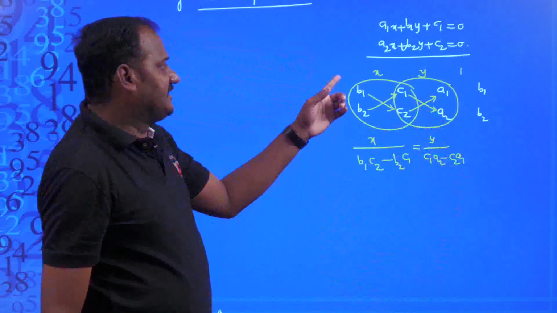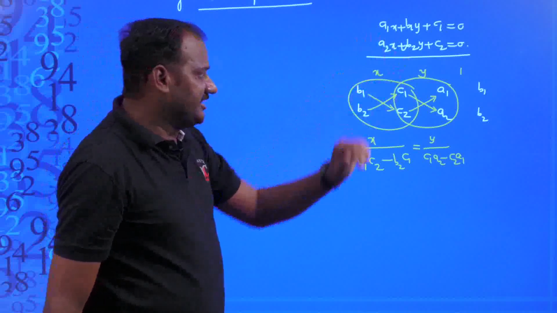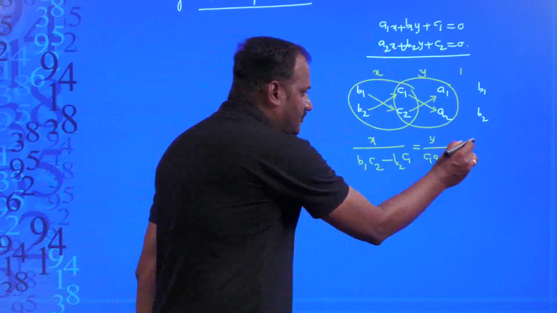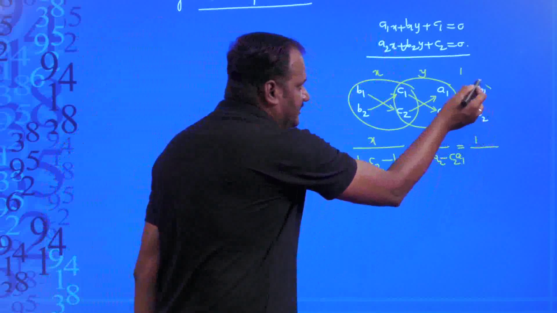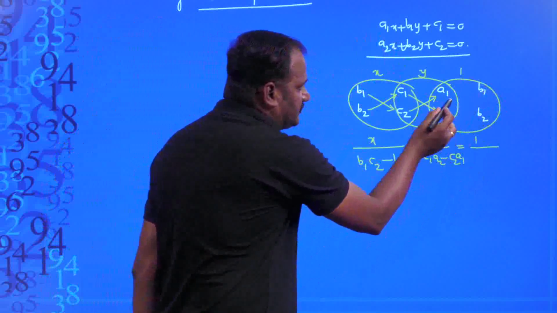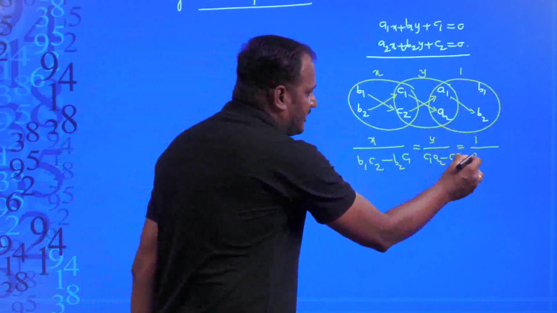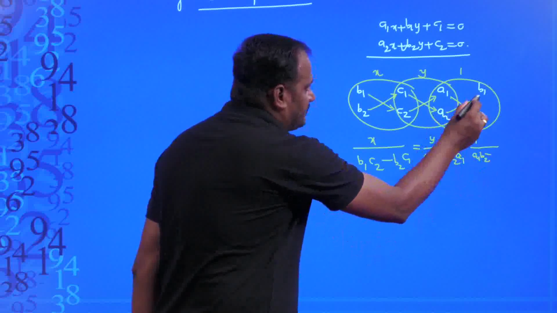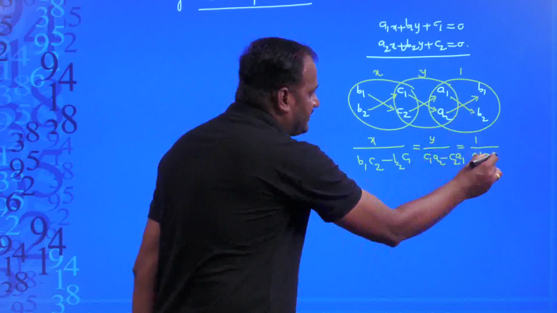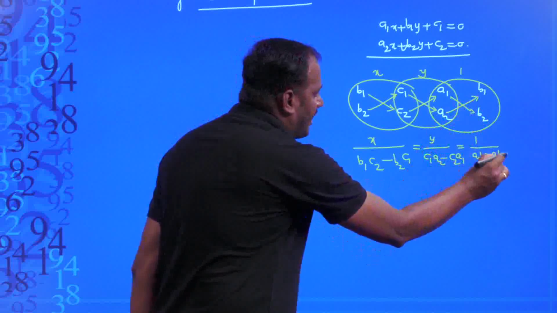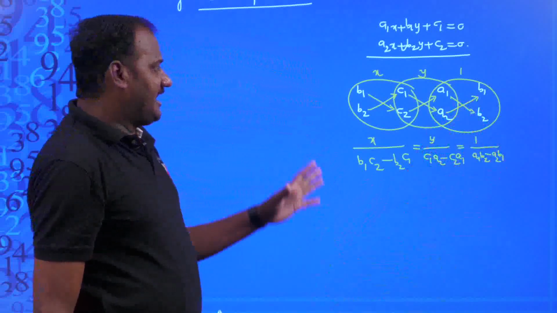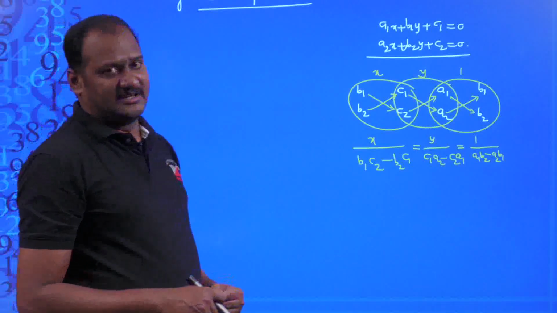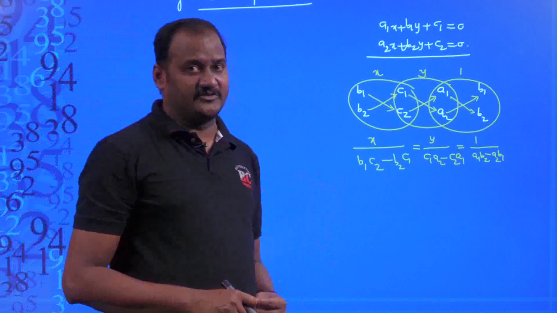After taking for x and y, you will have to take for 1, which is equal to 1 divided by, again for these 2. When you take for these 2, A1 into B2 is A1 B2 minus A2 into B1 is A2 B1, right.